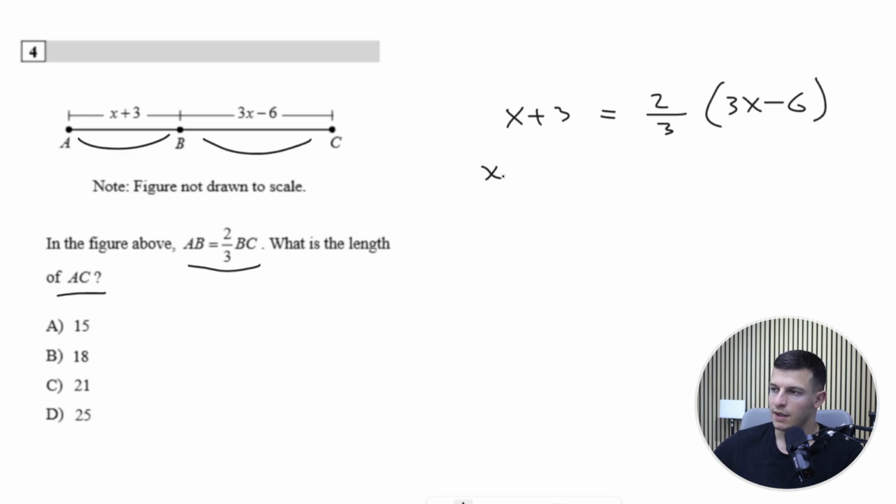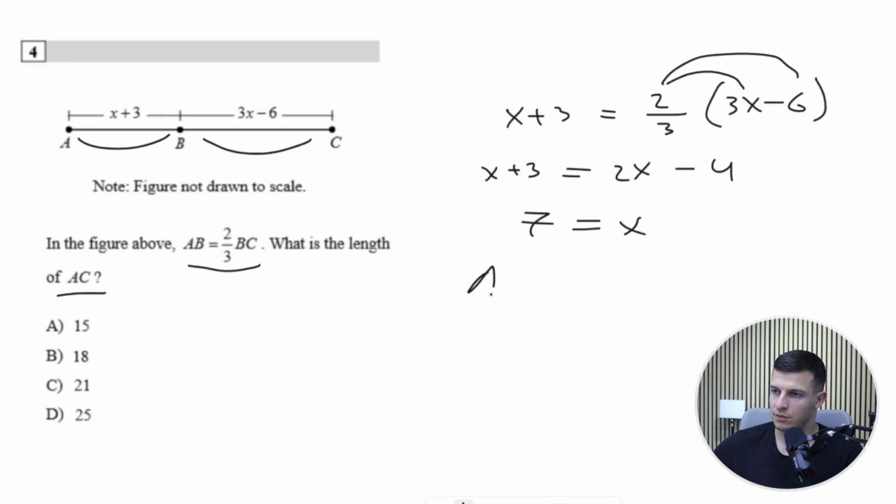So let's solve it. X plus 3 is equal to, open the brackets here. When we multiply this, the 3's will go away. 2x minus, when we multiply this, again the 3's will go away. This will be just 4. X is on one side, numbers on the other side. So x is equal to 7, which means AB is equal to 7 plus 3, which is 10.